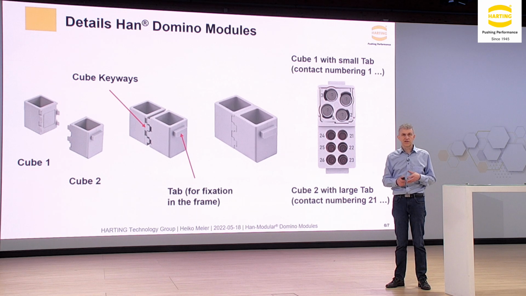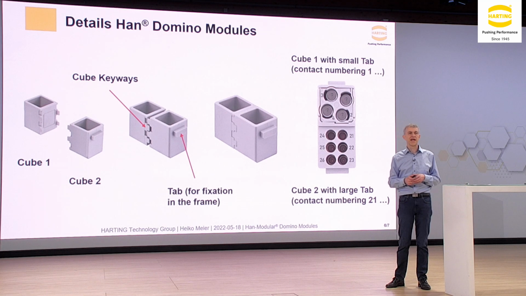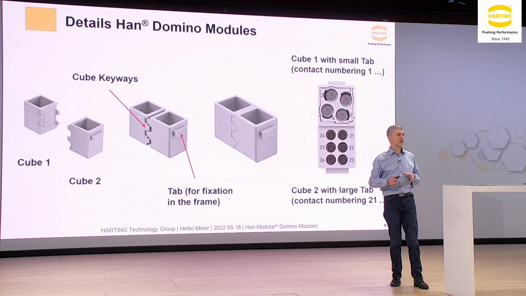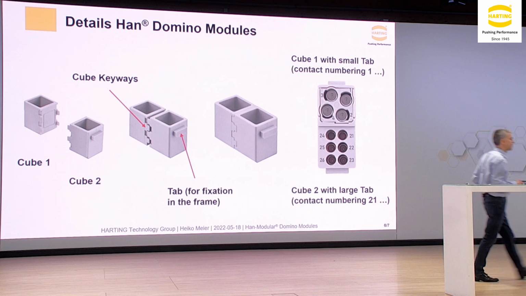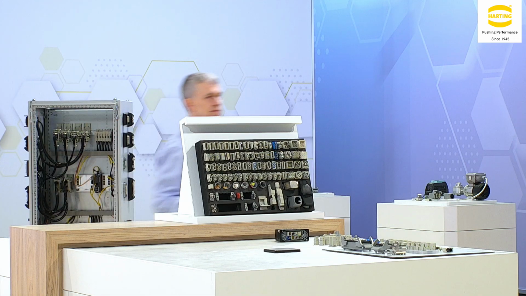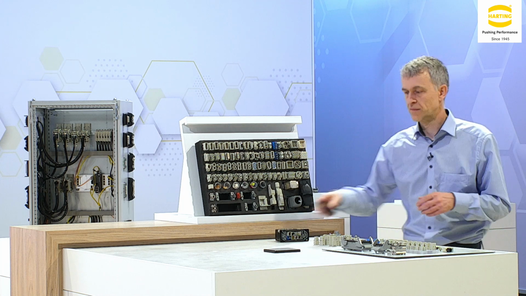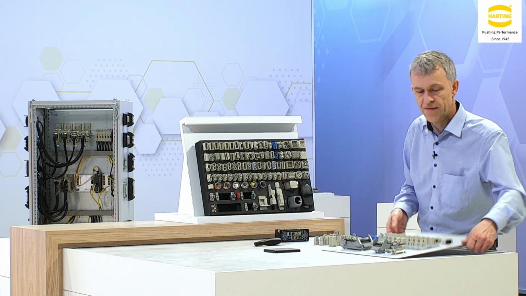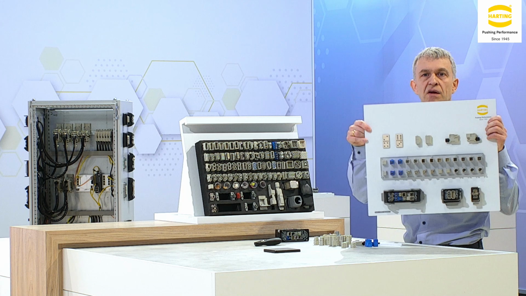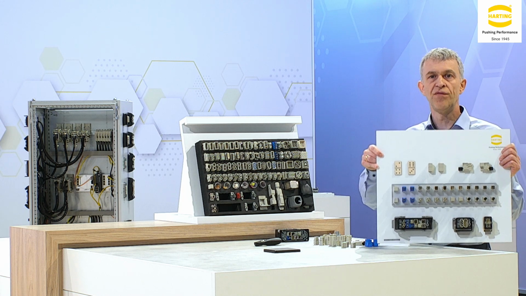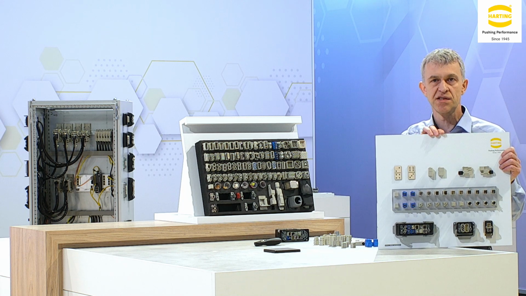Yeah, that's also an important point. But now we can take a look at the real parts. I will show them to you over there. So I have here a panel which shows the overview of all the new parts.